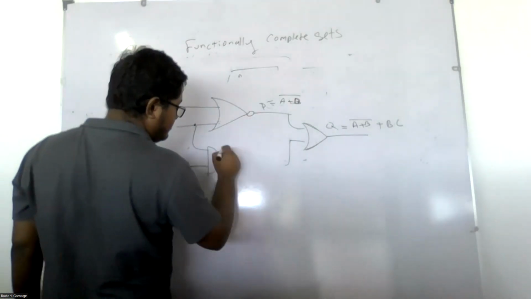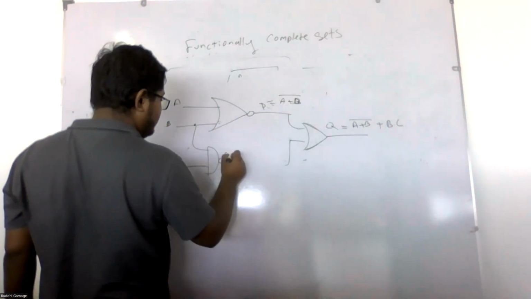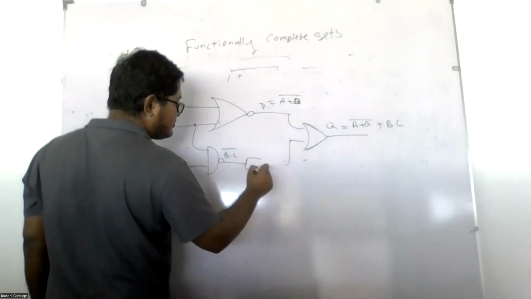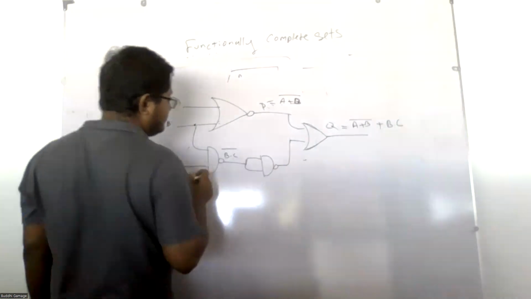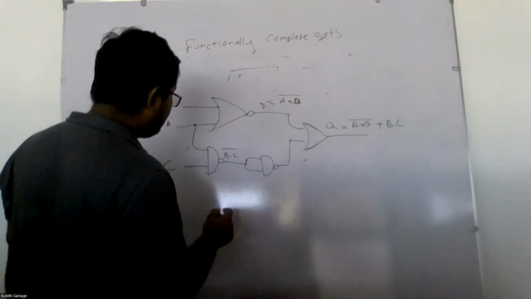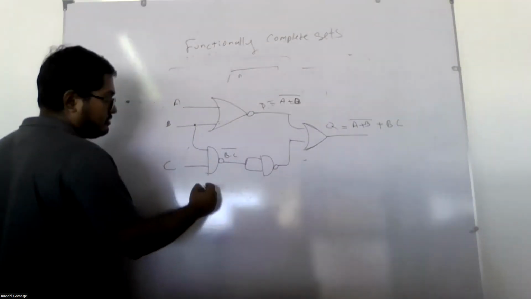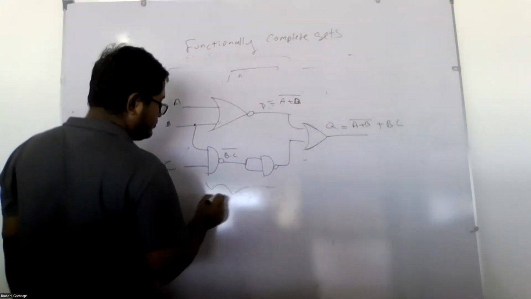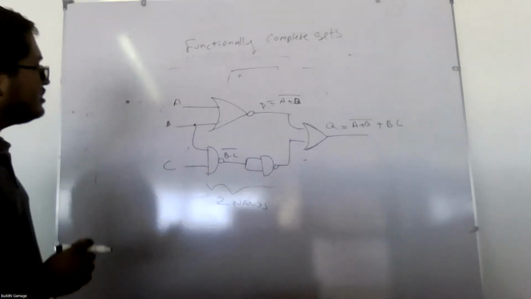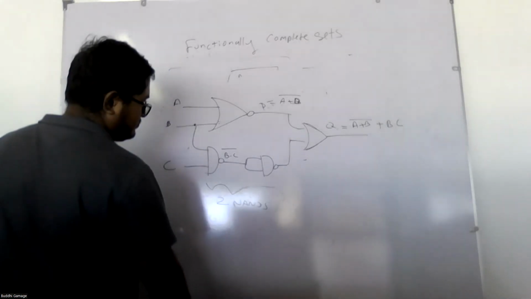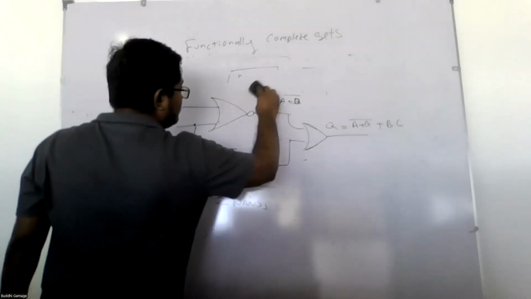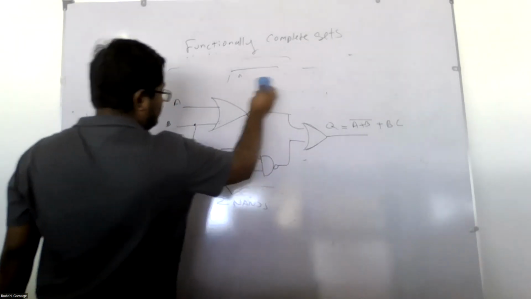This will be B dot C into not, and we need to redo this again. So we have replaced the AND operation using two NANDs. To replace the NOT gate, right? We need to have OR.